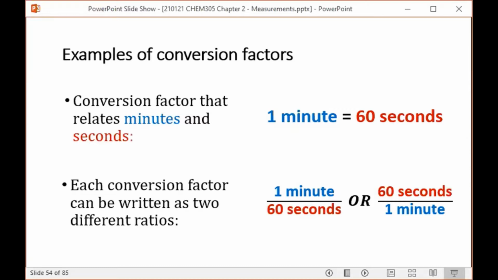Anytime you see this type of conversion factor, it just shows the relationship between minutes and seconds, and it could always be written these two other ways. These are ratios, again, showing that relationship: in 1 minute, there are 60 seconds, or in 60 seconds, there's 1 minute.